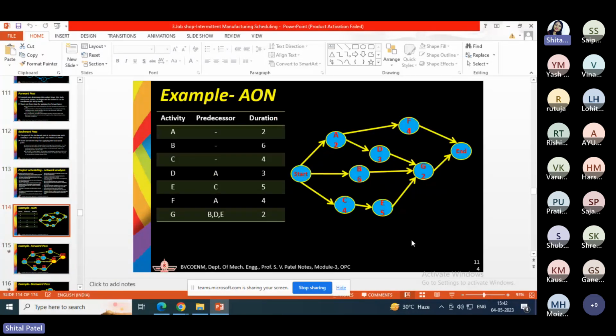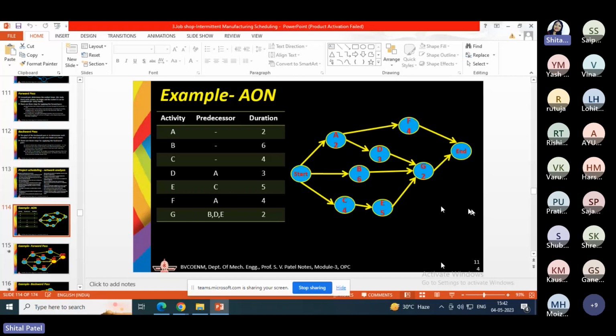So I'm starting with a very simple example. How many of you are not able to draw the network diagram? 2, 3, 4, how many? Okay, fine. So I'm starting from the basics, but I won't consume much time on the network diagram.